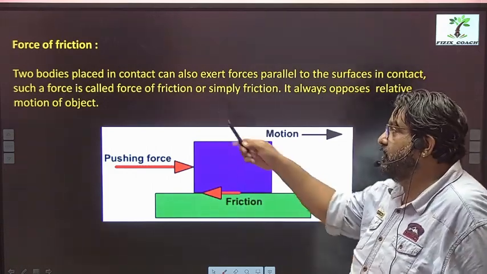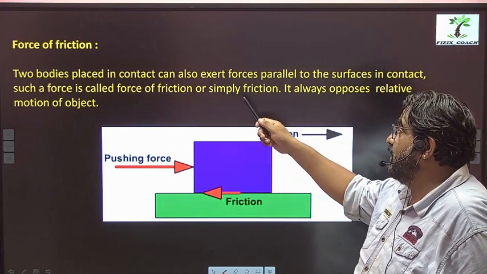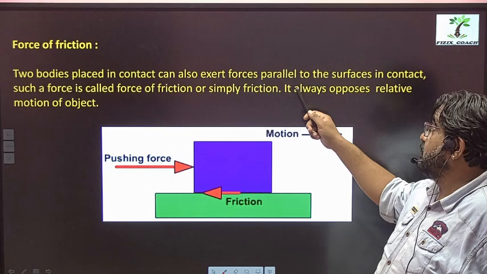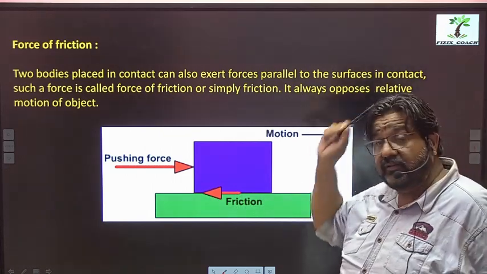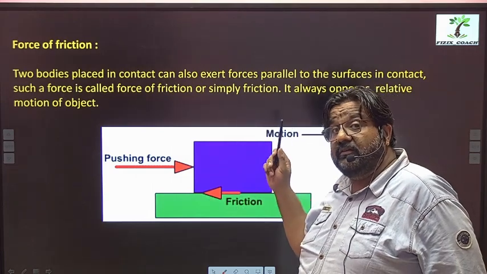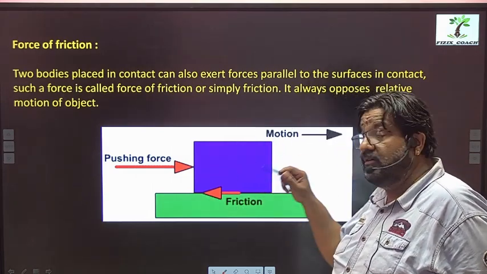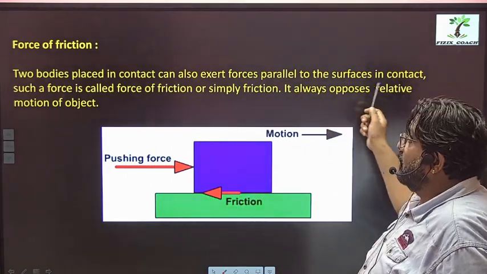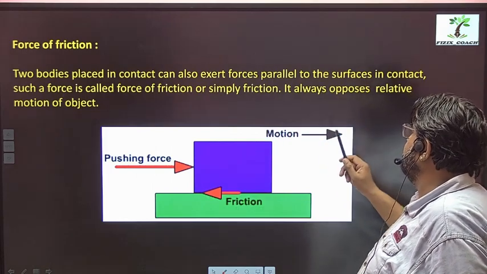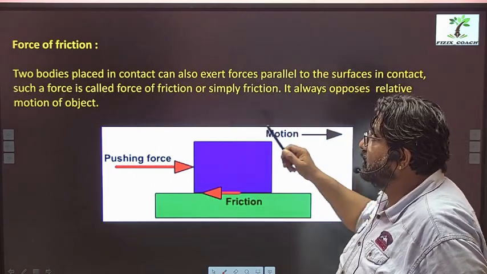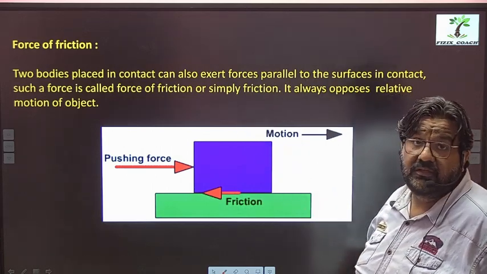Two bodies placed in contact can exert force parallel to the surface. Normal force was perpendicular to the surface; here the frictional force would be parallel to the surface in contact. Such a force is called force of friction, or simply friction. It always opposes the motion of the object.